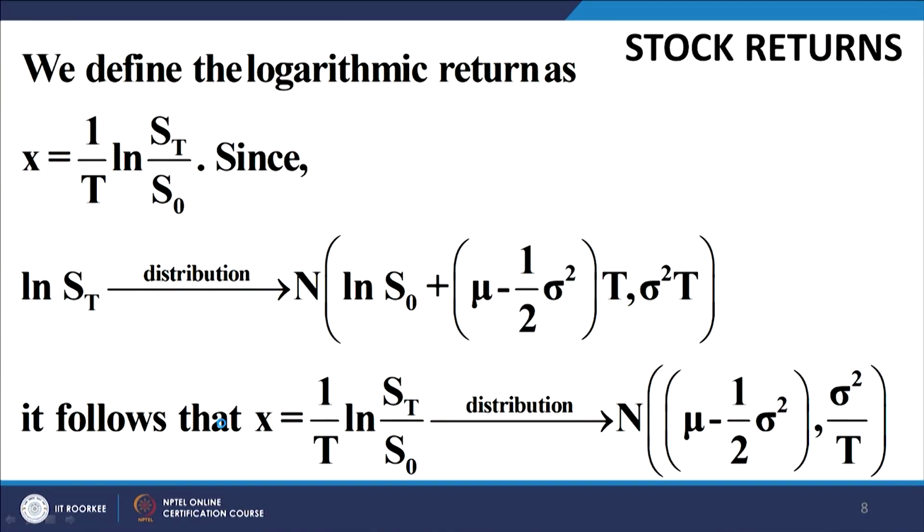Using the expression we had earlier, we know that log of S_t is normally distributed with a mean of log S_0 plus (mu minus 1 by 2 sigma square) t and a variance of sigma square t.